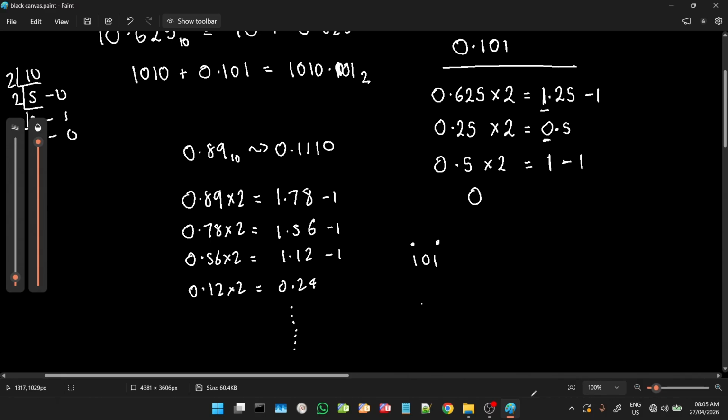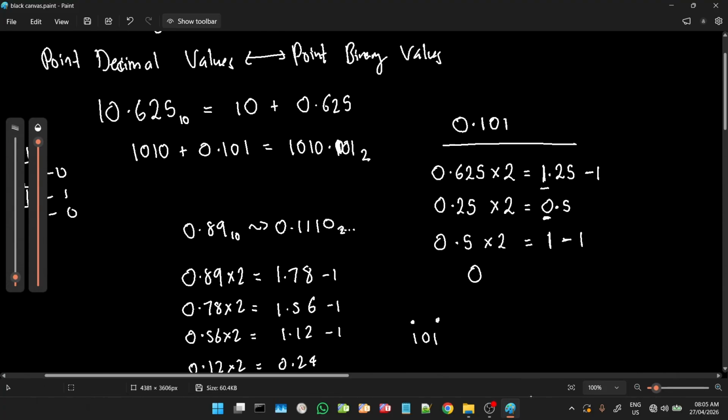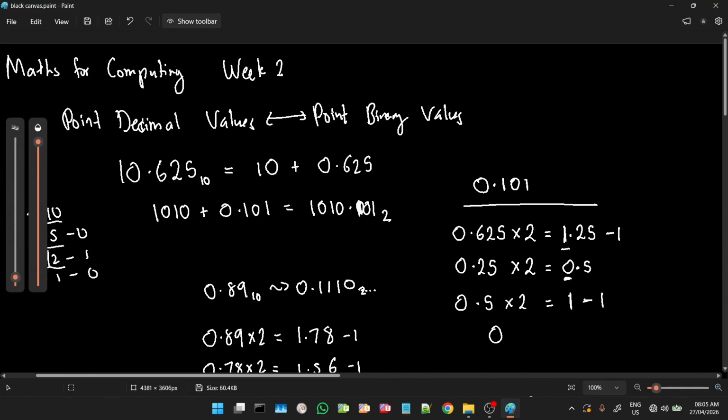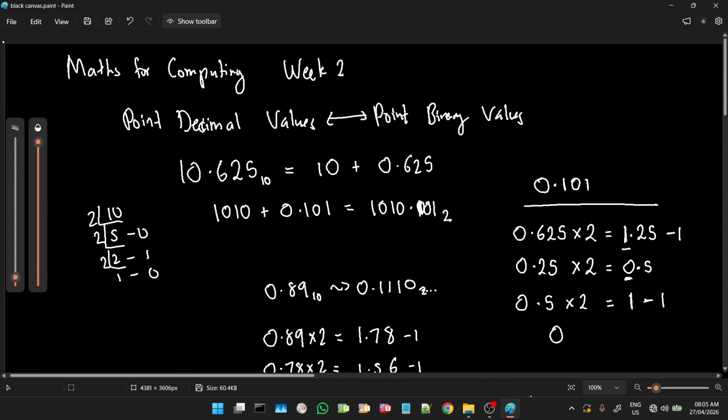So there is quite a bit of an issue when it comes to converting point decimal values to point binary values. This can keep going on and on. So what I would like to recommend is, if it takes too much time, do not spend that much amount of time on that conversion, because you may lose time in your exams for other stuff.